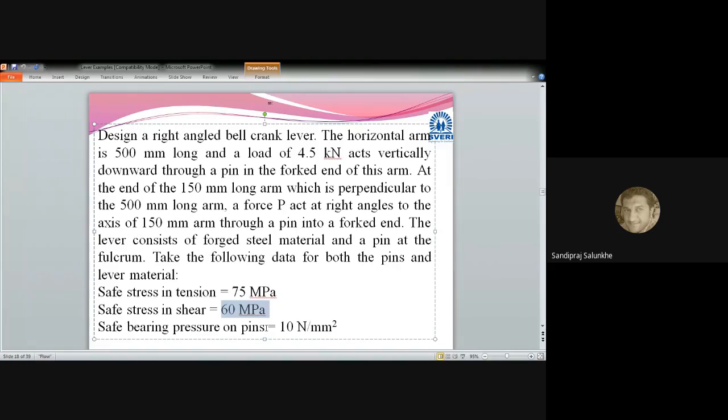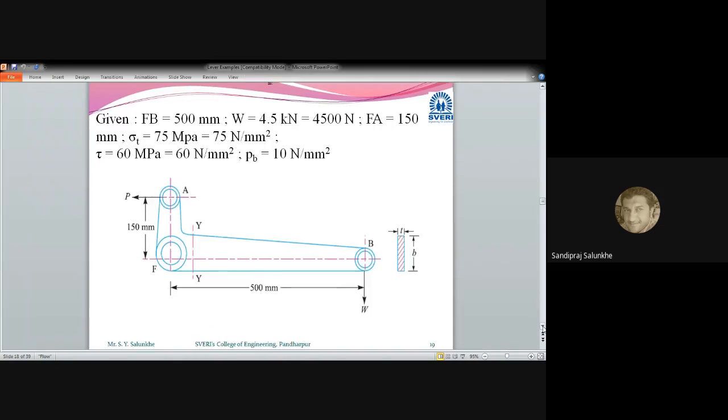Then the safe bearing pressure is given, that bearing pressure is related to the pressure which that pin can sustain. So we have seen that in this bell crank lever, we have designed the pins at three locations.